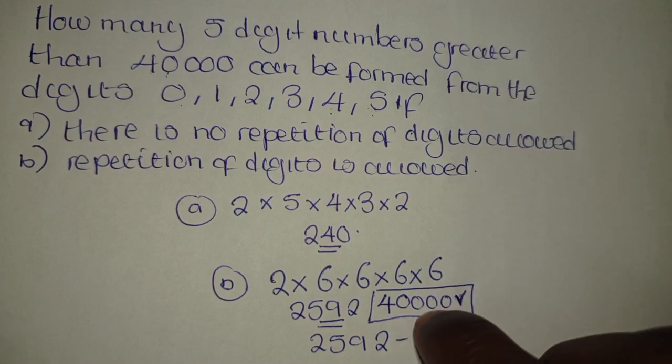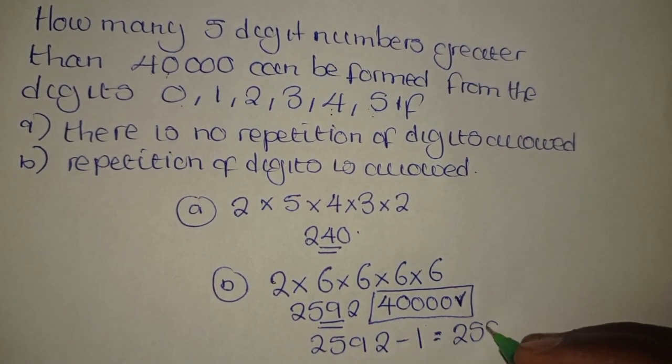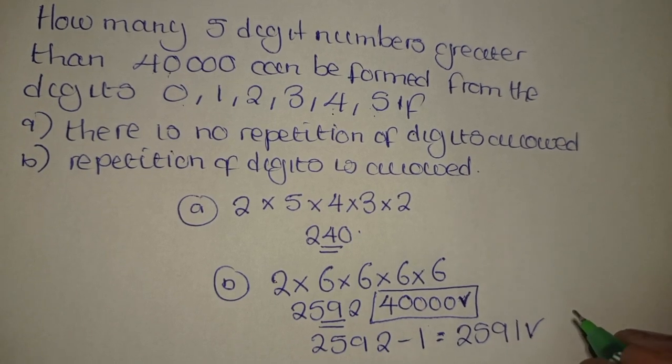So we need to remove the 40,000 from this, and we'll have 2,591. So this is basically the number of numbers which can be created surpassing 40,000. Your host, Golden Zulu.